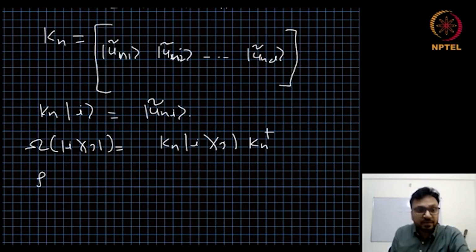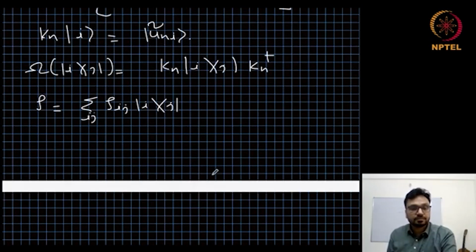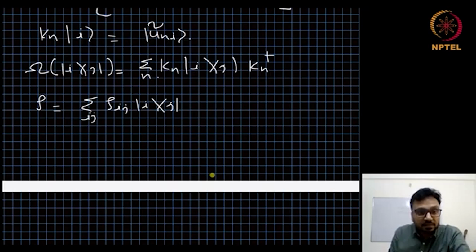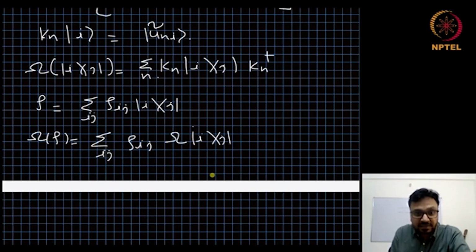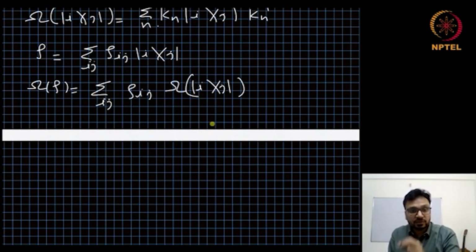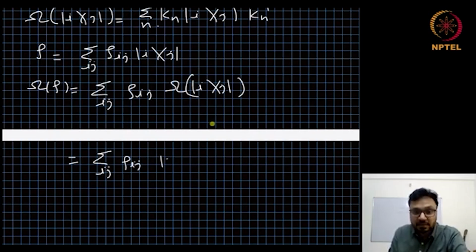Now if we are given any operator rho, we can always write it as the sum over ij of rho ij |i⟩⟨j|. There was a sum over n also here. Then omega acting on rho can be written as the sum over ij of rho ij omega Eij, and we have shown that omega Eij can be written as the sum over n of Kn |i⟩⟨j| Kn dagger.